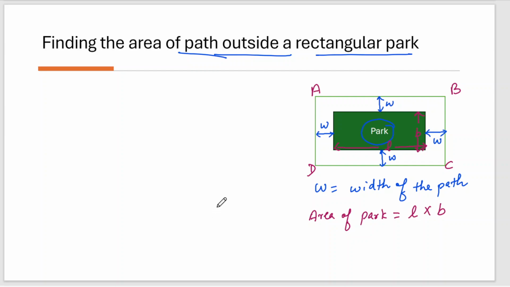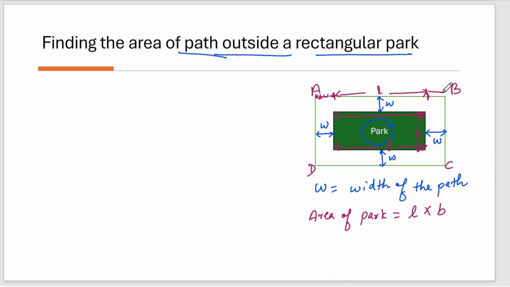So what is the length of this rectangle? You can see from here to here, take the reference of the length of the park. From here to here it is L. I am taking the reference of this park. And you can see the width of the path from here to here it is W.